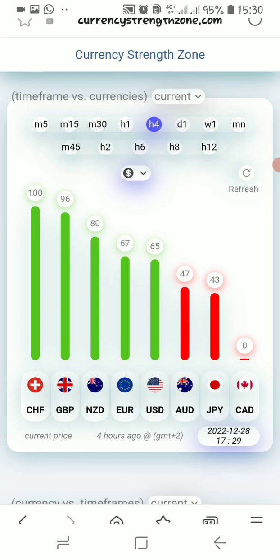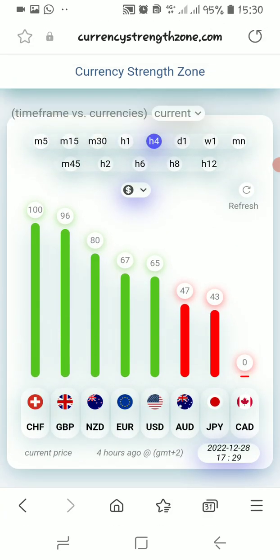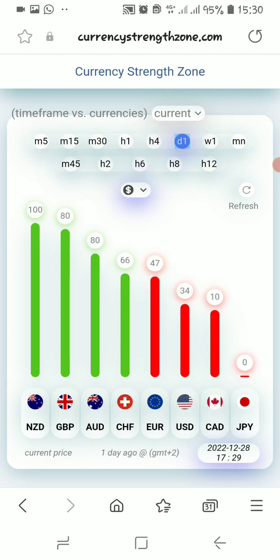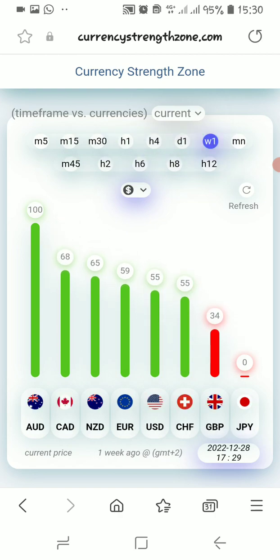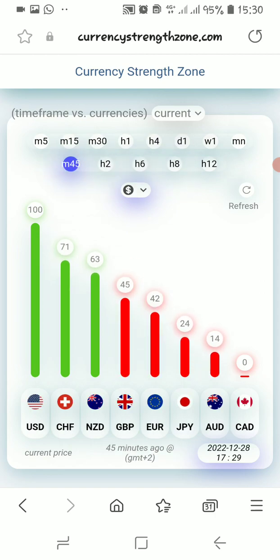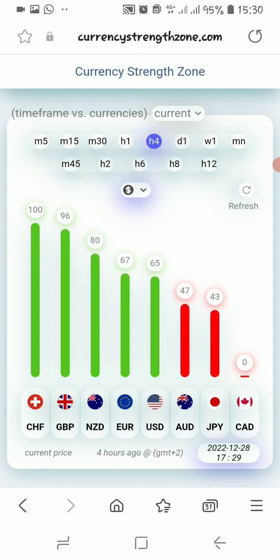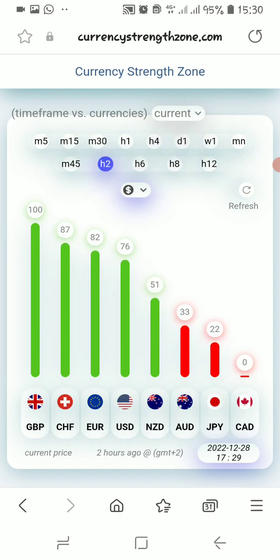So this right here is my website, and I've programmed it in such a way that it will help forex traders know what is happening in the market, where the money is going, so that we join and make money with ease, right?